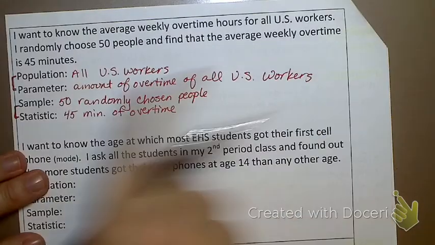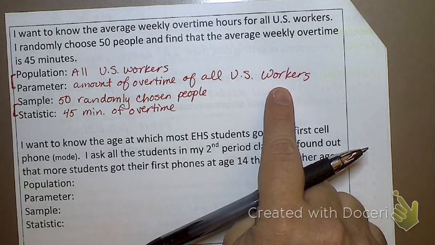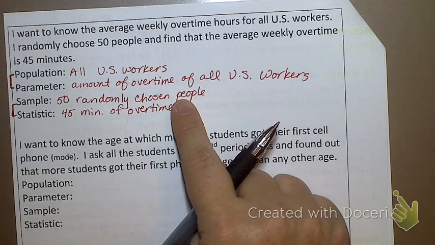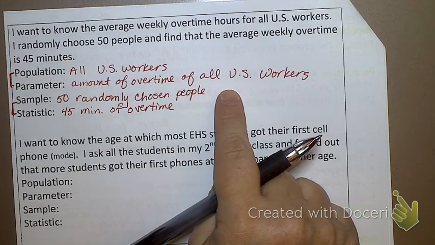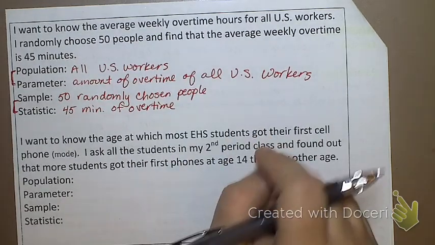I don't have what that number is, but that's the number that would be representing my parameter. Does that make sense? So my statistic is the information about the sample. The parameter is the corresponding information about the population.